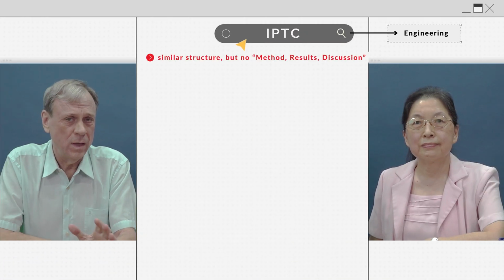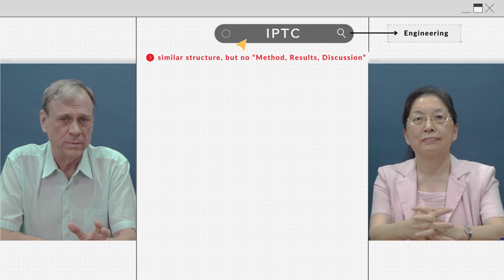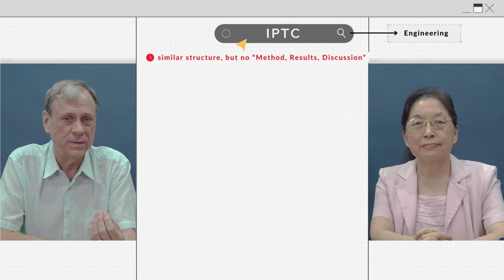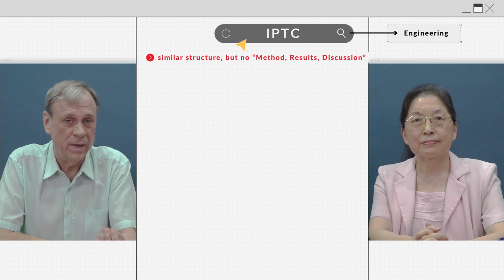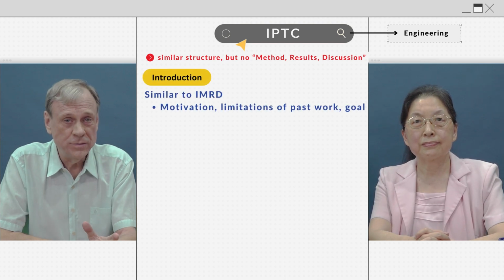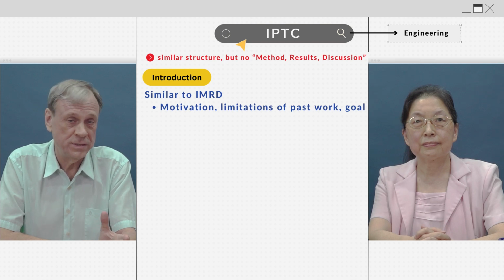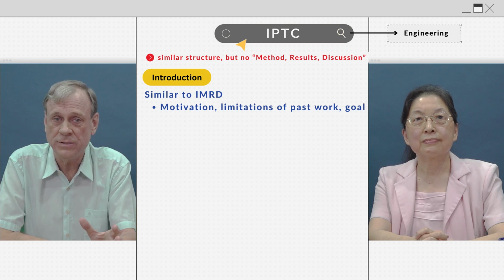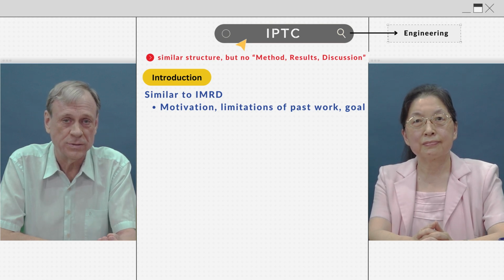Now, on the other hand, in engineering, there's a very different structure. It has a lot of similarities, but you don't have particularly the methods, results, and discussion. You have an introduction, and the introduction is very similar to IMRD. You talk about the motivation, the limitations of past work, and the research goal.